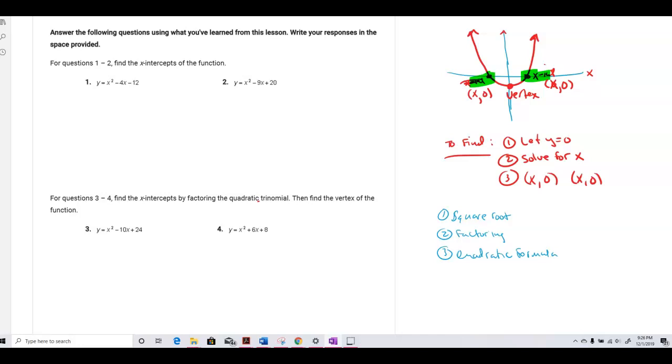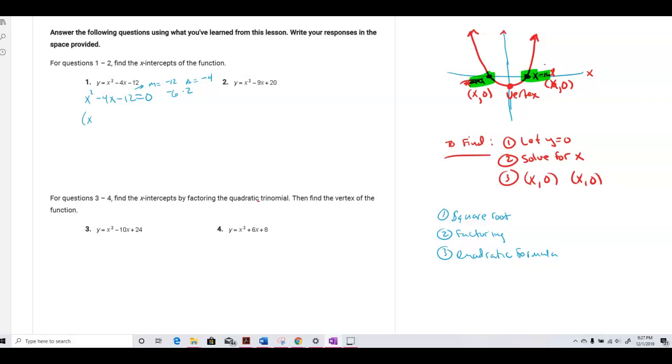So when it says find the x-intercepts of this function, I'm going to let y equal 0. So x squared minus 4x minus 12 equals 0. Now I'm going to check to see if it's factorable. Are there any numbers that multiply to give me negative 12 and add up to negative 4? Right away, negative 6 times 2 will give me negative 12, and negative 6 plus 2 will give me negative 4.